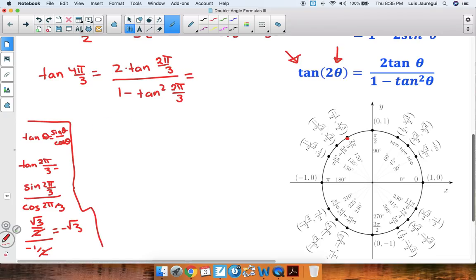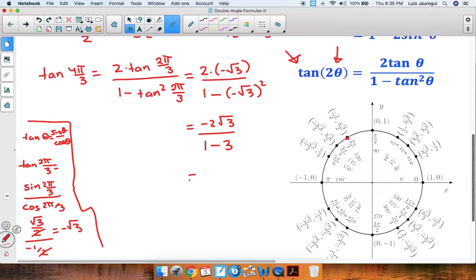We get that this is equal to 2 times negative square root of 3 all over 1 minus negative square root of 3 quantity squared. Now let's simplify this. This is equal to negative 2 times square root of 3, once you multiply the 2 by the negative 1 coefficient here, implicitly in there, and this is over 1 minus negative square root of 3 quantity squared, which becomes simply 3.